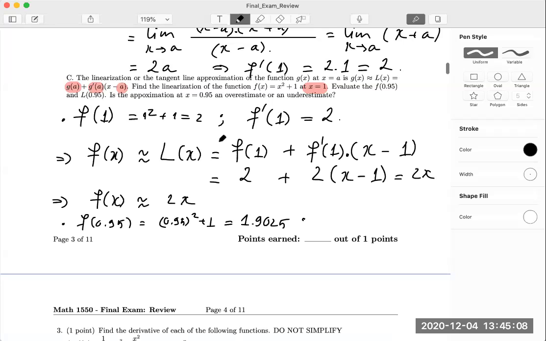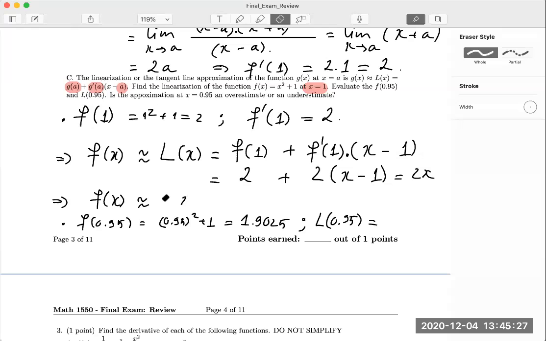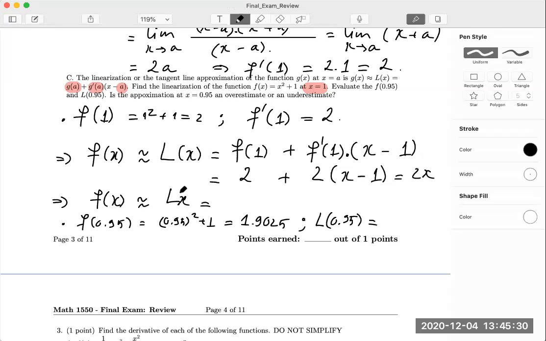We need to find L of 0.95, right? What do we have here? Let us write it this way. This is the linear approximation, right? So what is it? 2 times 0.95.